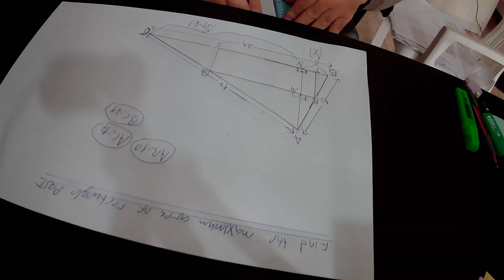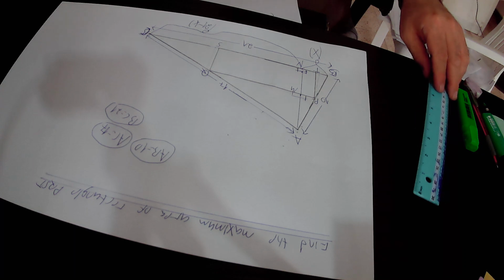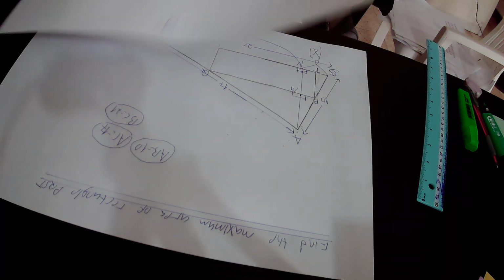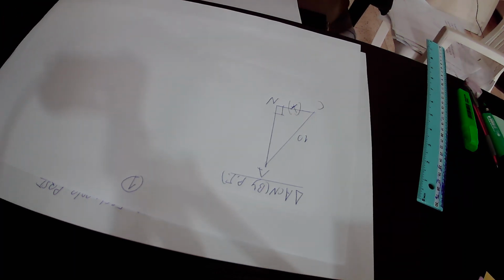Here, PT is a relation for Pythagoras theorem. So this is the right triangle ABN that I got from the original drawing.